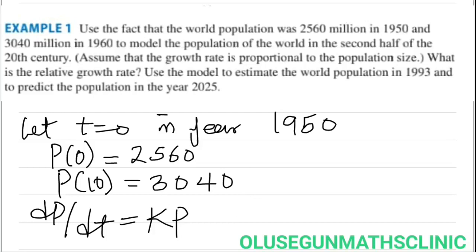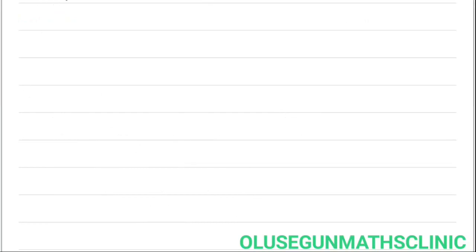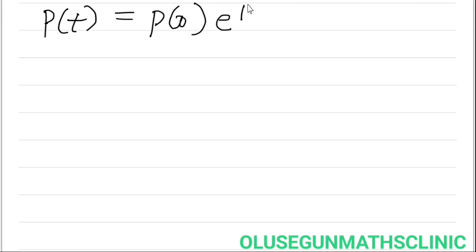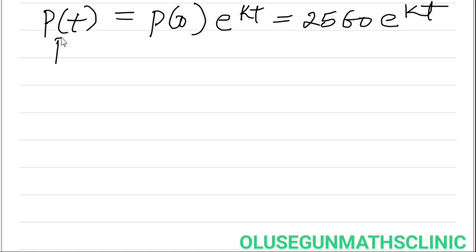So let's have P of t equal to P of 0 times e raised to constant times t, which will give you the initial value 2,560 e^(kt).